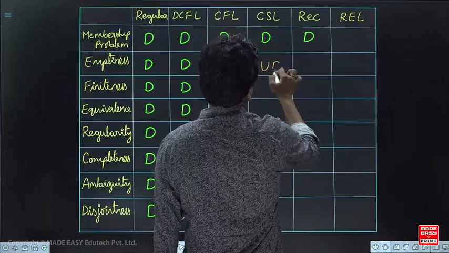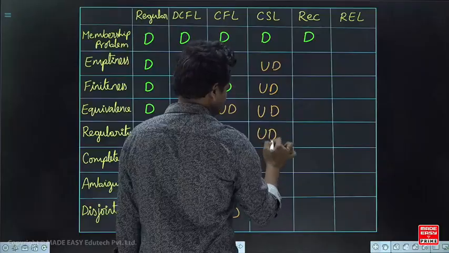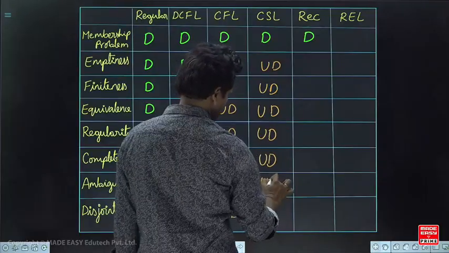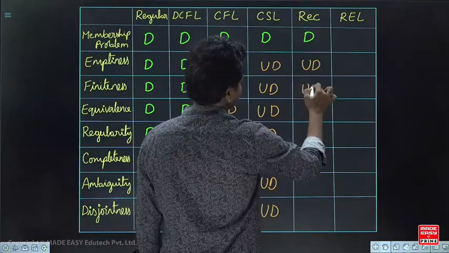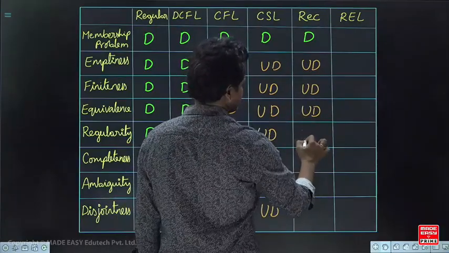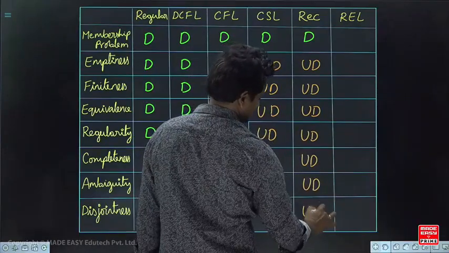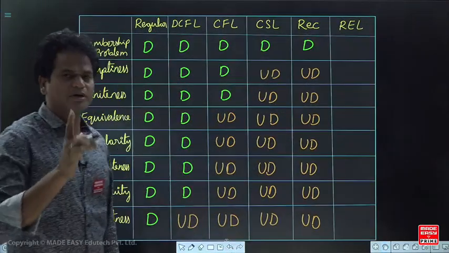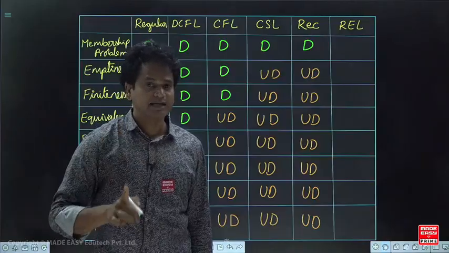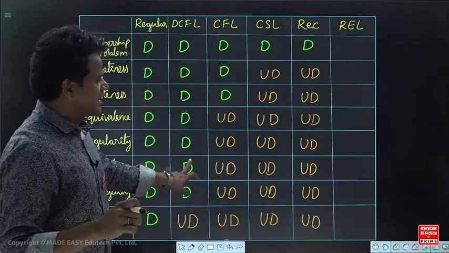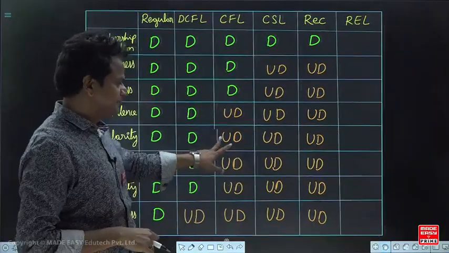For RE languages, there is no membership algorithm, so for RE, nothing is decidable.